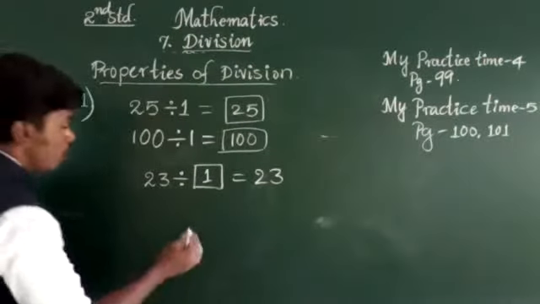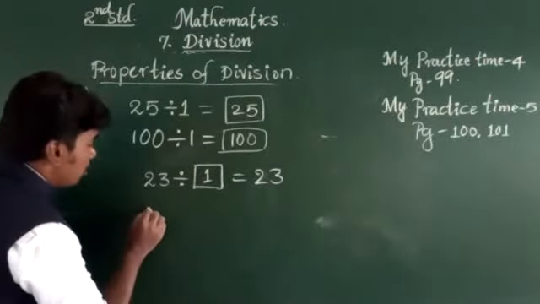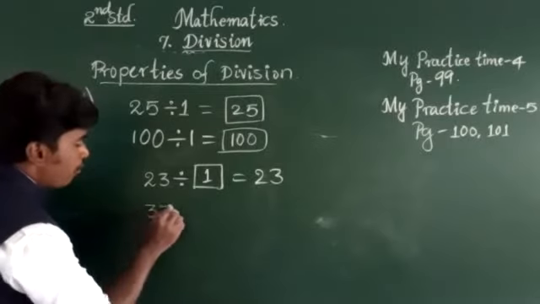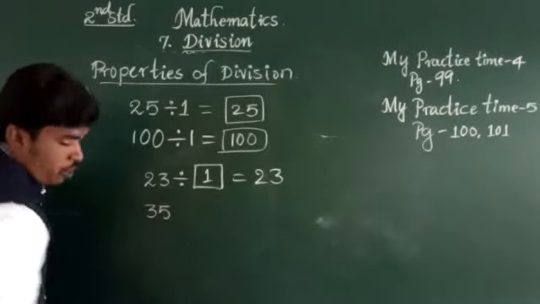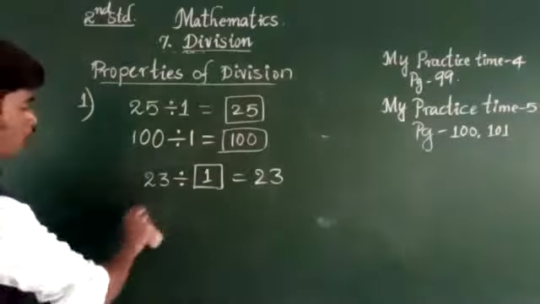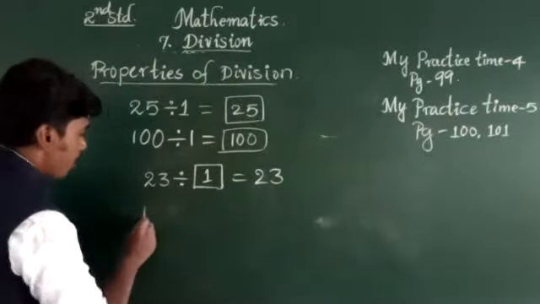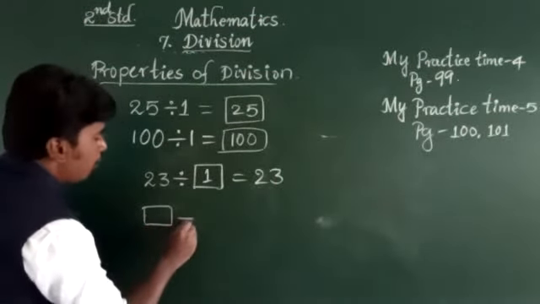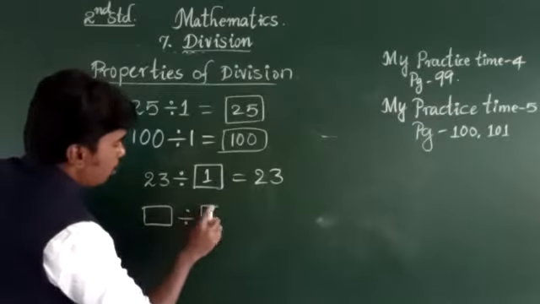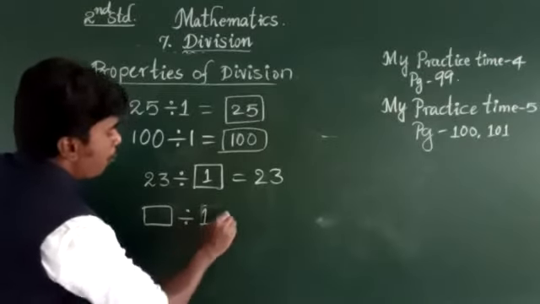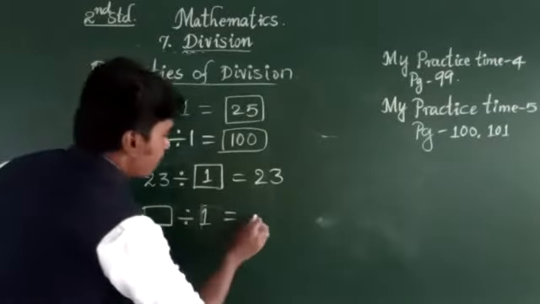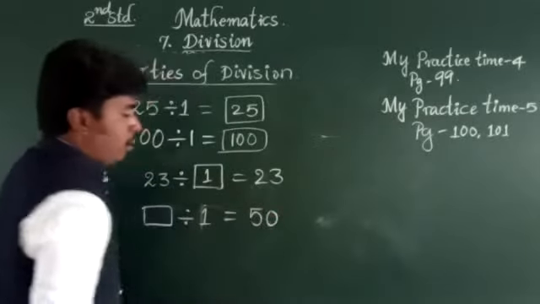And one more case they may ask like this. Dash divided by 1, you are getting 50.